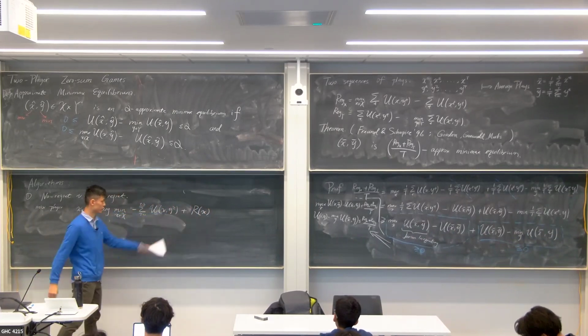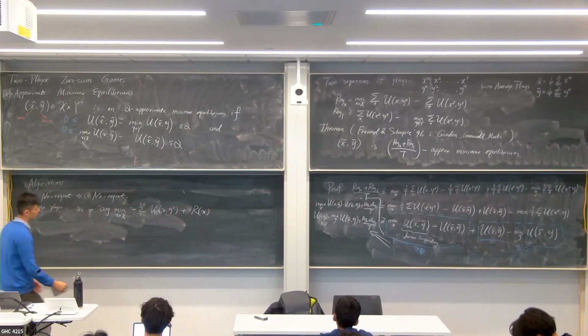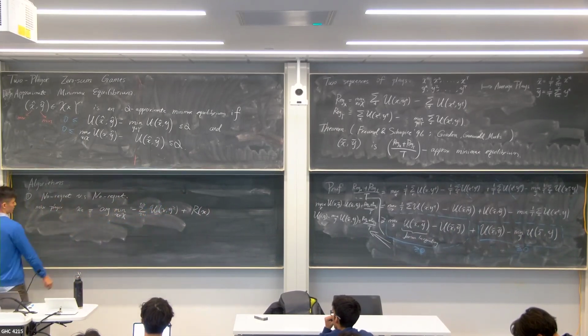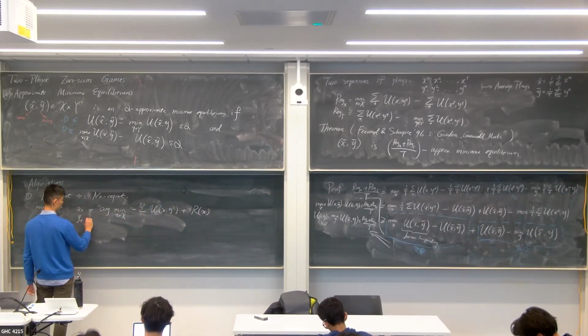Okay, so this R is just some regularization term that you can choose, for example, an entropy term. And similarly, you can just do the same for the other player.